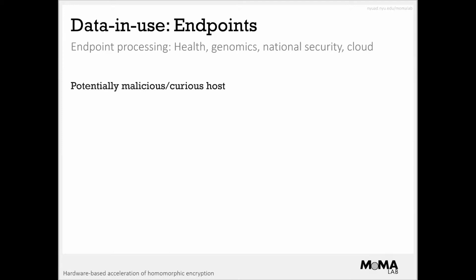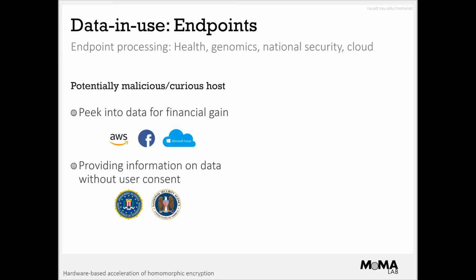Or the host could be malicious. They may try to look in your data for more nefarious purposes. So once your data is decrypted, the host of the data, if it's in the cloud, can maybe look at it and use it towards some goal that you don't agree to or you're not aware of.